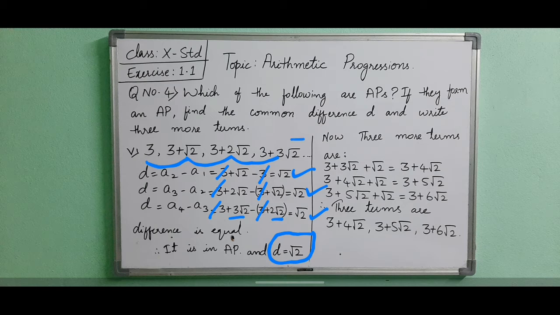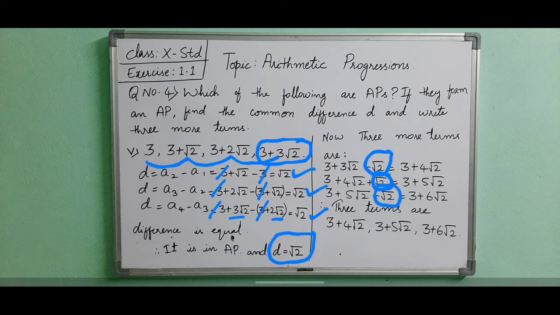Now in the last number, 3 plus 3 root 2, we have to add the difference. What is the difference here? Root 2. So 3 and 1 means 4 root 2. It will be coming as 3 plus 4 root 2. In 3 plus 4 root 2, if we add root 2 again, it is 3 plus 5 root 2. Again in 3 plus 5 root 2, if we add root 2, it is 3 plus 6 root 2.